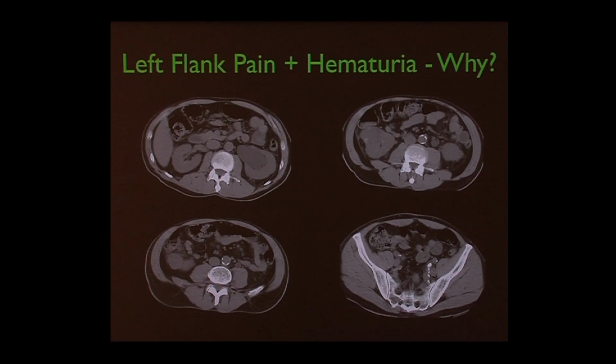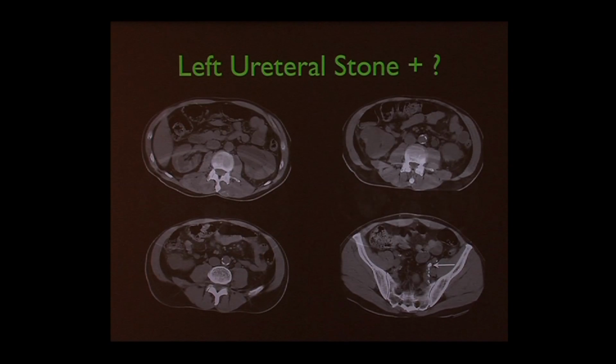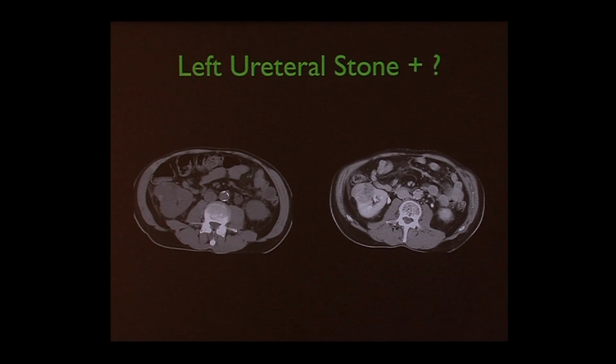But anybody see anything on the other side, the other kidney? Now, it's normal here. It's not normal on this one. Let me show you more. Then we gave IV contrast because we saw, we don't do that for a stone. We did it for what's going on this side that we didn't expect.